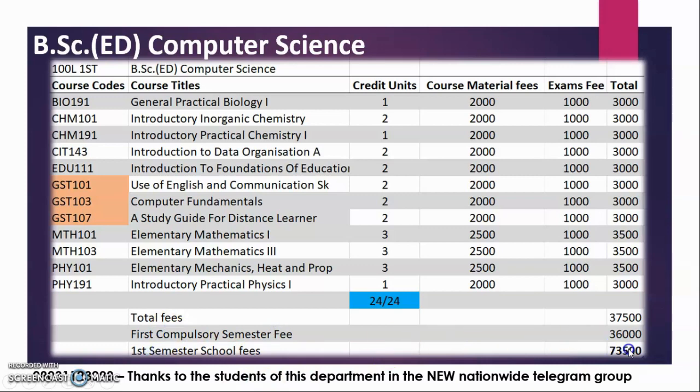Your total school fees, combining the two for the courses and the compulsory, you'll be paying 73,500. That's first semester 100 level. It's always the highest because of this first compulsory fee, because the compulsory fee for other semesters is 18,000, which is half of this.